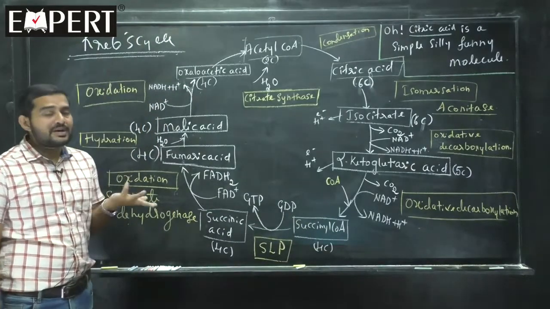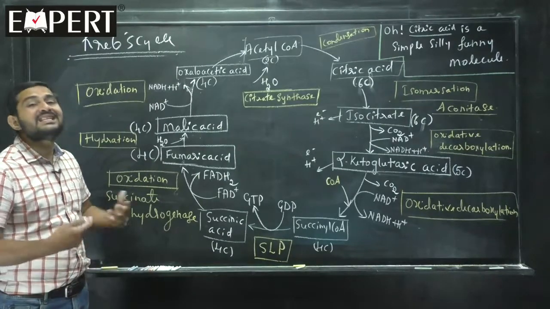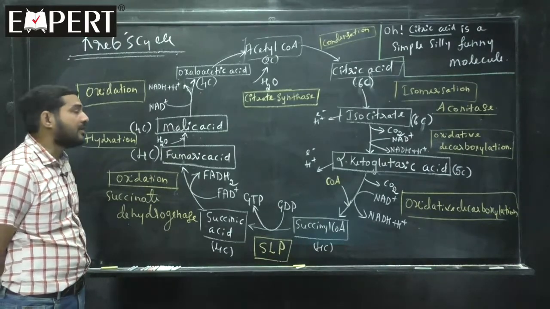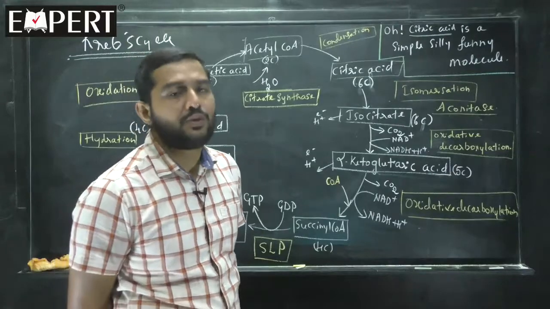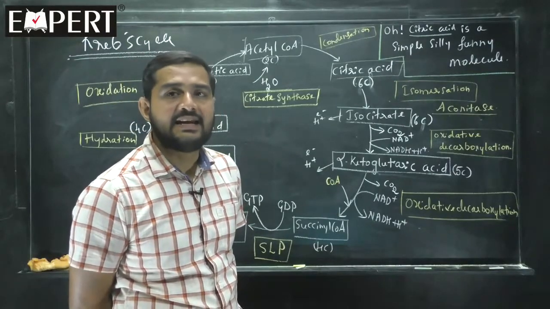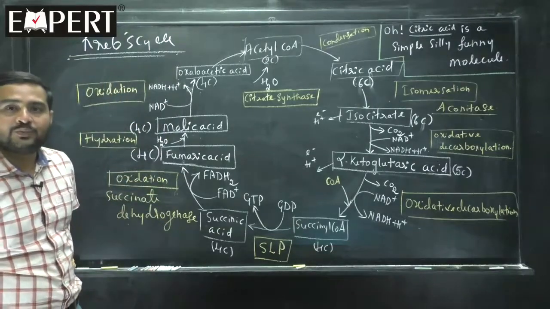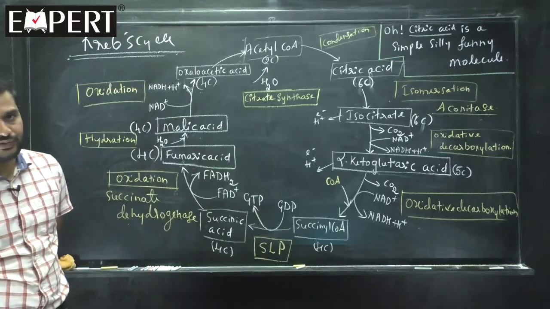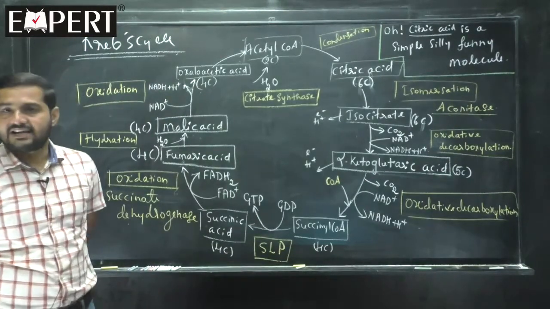Since there are 2 acetyl CoA for 1 glucose, 6 NADH plus H plus have been formed for 2 pyruvic acid, meaning 1 glucose molecule. And how many FADH2? 2 FADH2 have been formed for 1 glucose molecule.